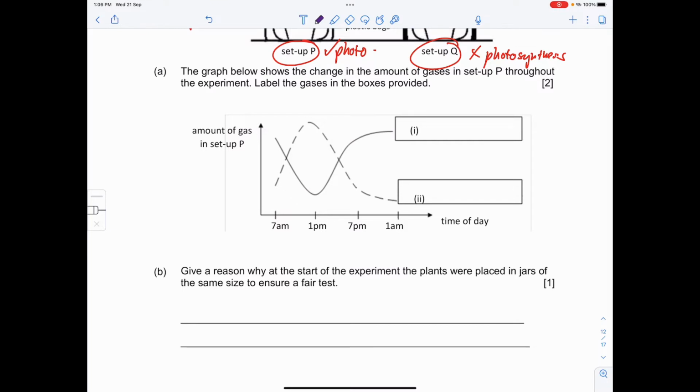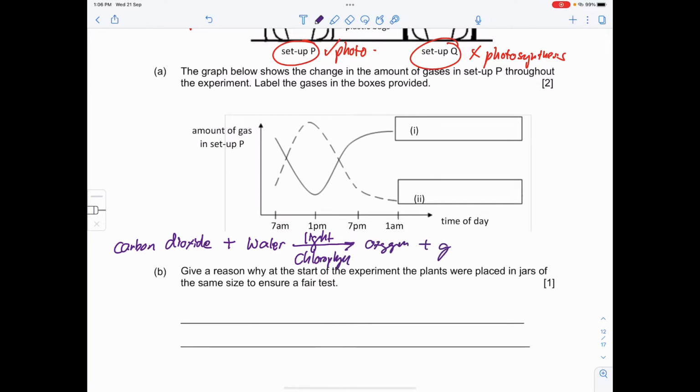And one of them is your photosynthesis word equation, whereby you know that carbon dioxide together with water, in the presence of light and your chlorophyll, will give you oxygen and glucose or sugar. But the more correct name for it, the scientific name of it, is actually glucose. But definitely sugar, no issues.